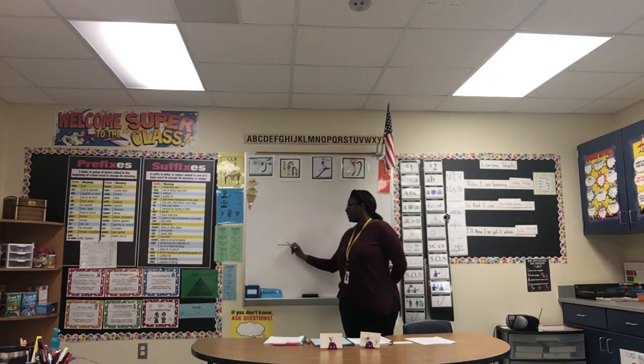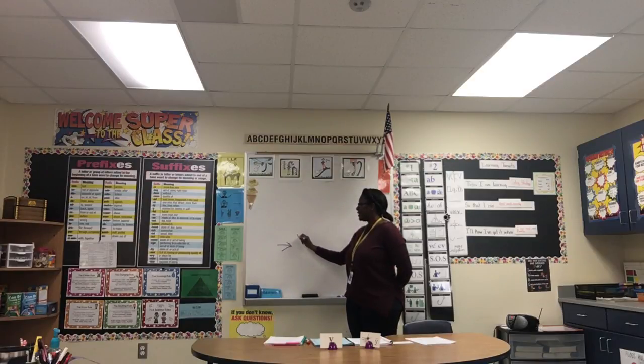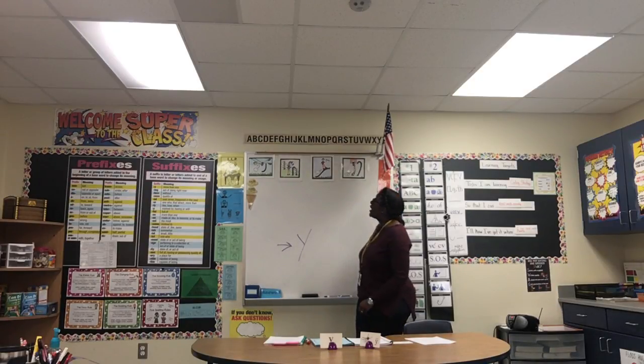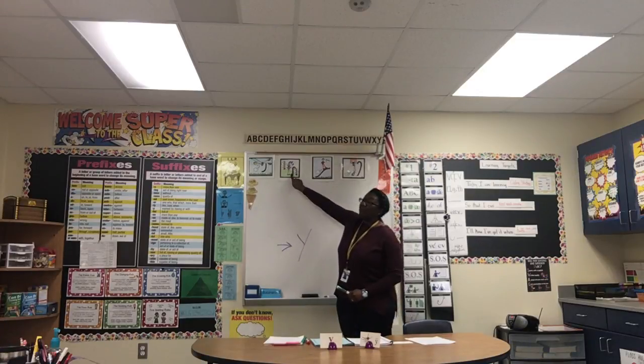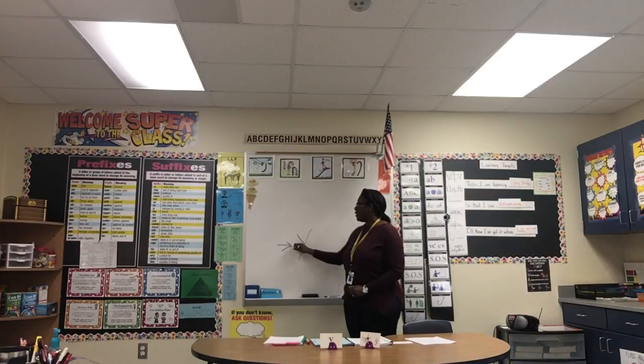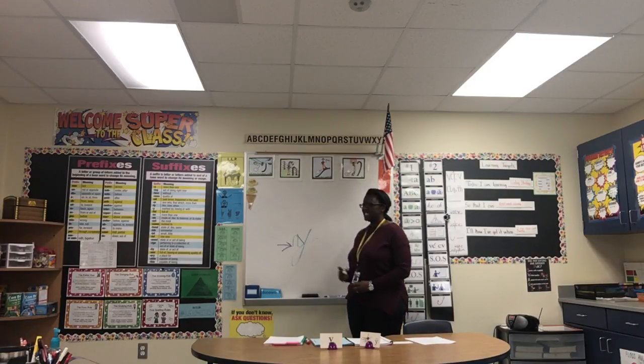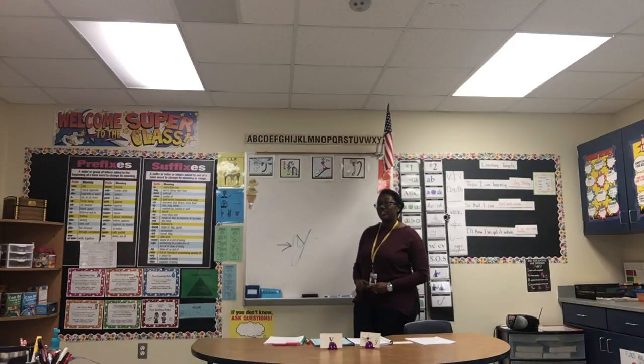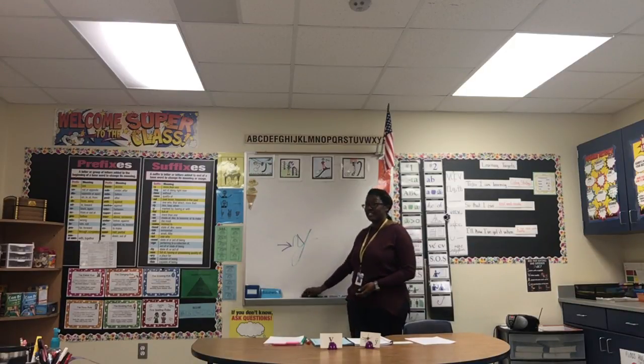So the letter Y, this is a printed Y, and a cursive Y would be the push up and over letter. So I'm going to make a cursive Y. Push up and over, swing up, stop, release. That shape really changed from the printed Y, but the letter is still the same.